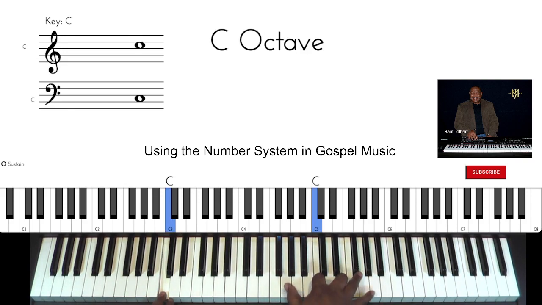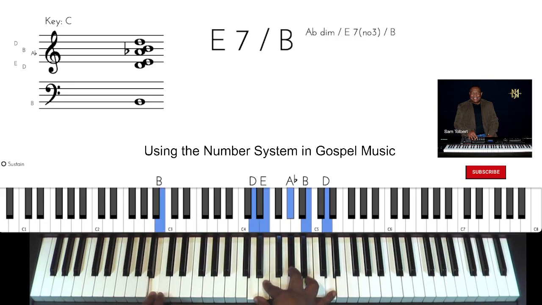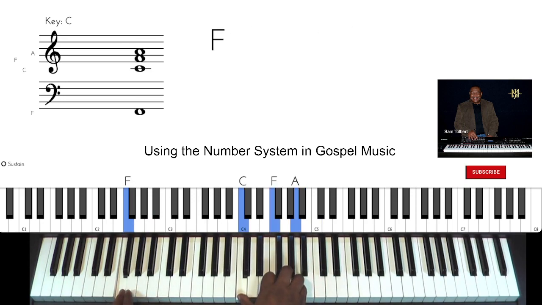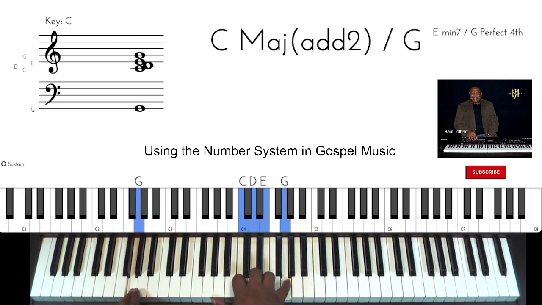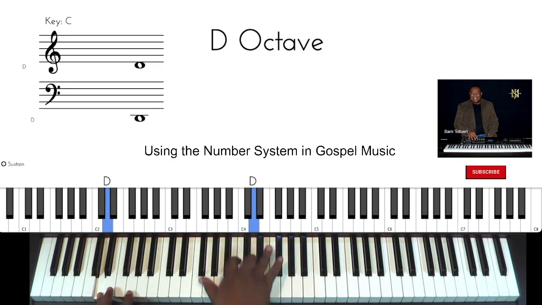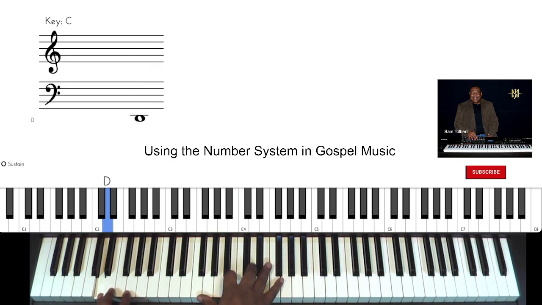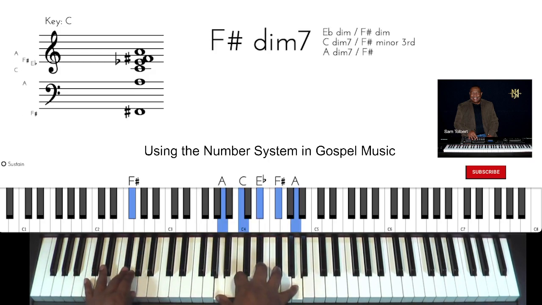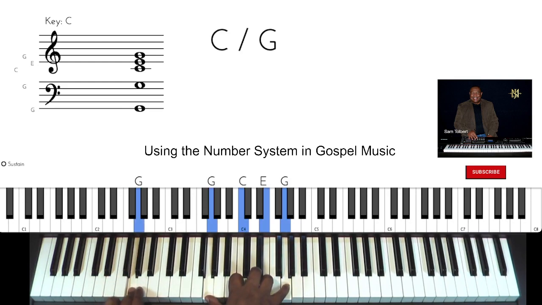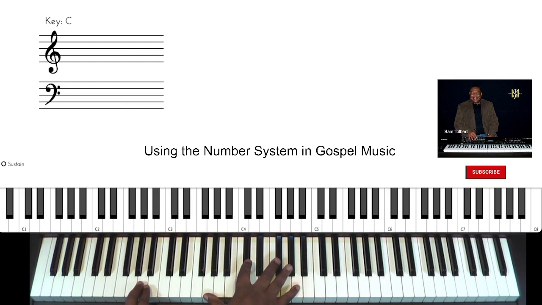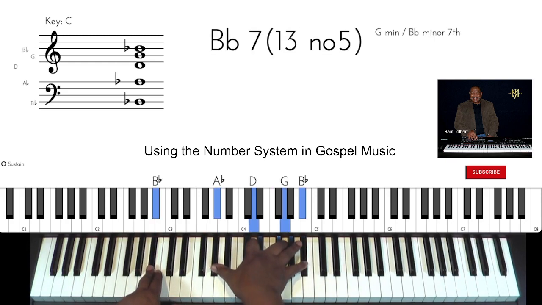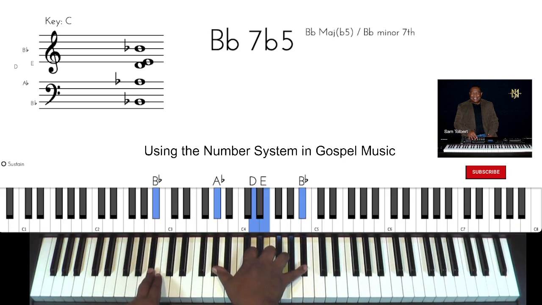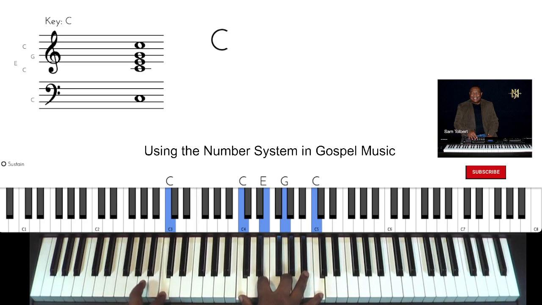We're in the 1, the 7, the 6, the 5, the 4, the 5, 6, 2, 5, 1, 3, 4, 4 plus, G, or the 5, 7, 7 plus, 6, 7, 6, 6 plus, 7, and then back to the 1.